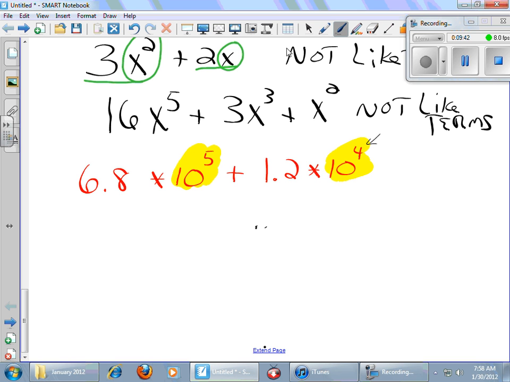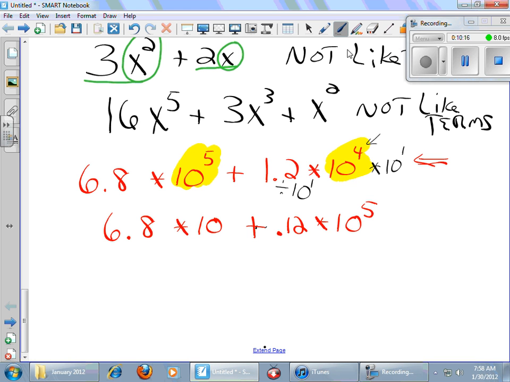Well, I could multiply it by 10 to the 1st, and then that'll turn into 10 to the 5th. But that would change the rest of this number, so I'll have to divide this part here by 10 to the 1st. My left-hand number remains unchanged. Now, this second number, I divide 1.2 by 10, I get 12 hundredths, 0.12, times 10 to the fifth.